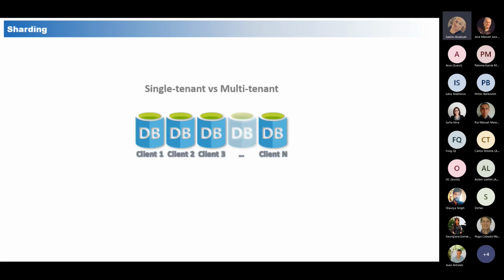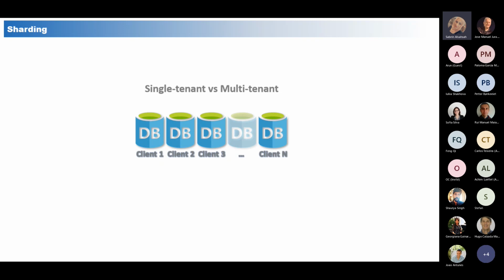For the sharding, you can use multiple methods: you can follow the single tenant, or you can follow the multiple tenants. In the single tenant, basically it's one single tenant per database, and usually this method is used for SaaS services. As for the multiple tenants, it means basically assigning several tenants to one individual database.